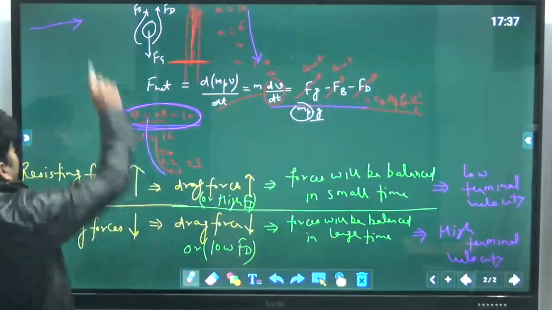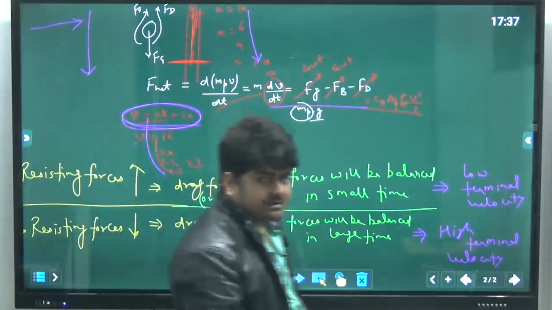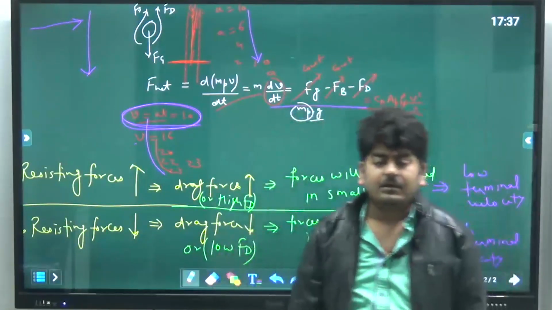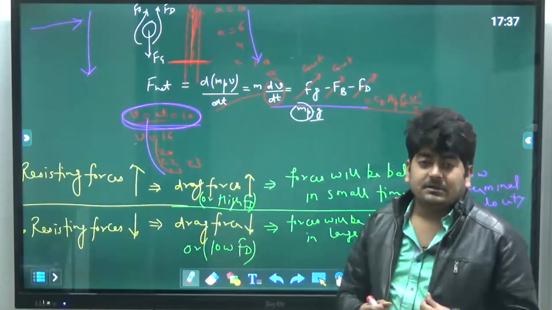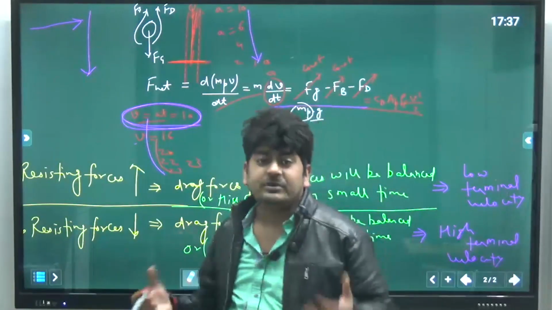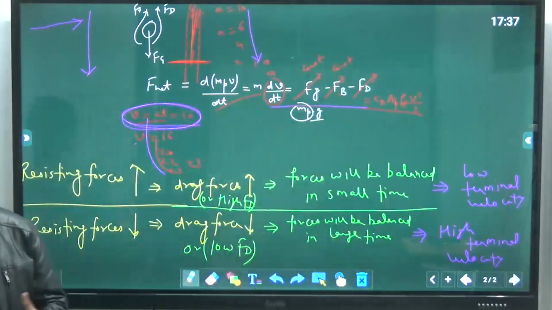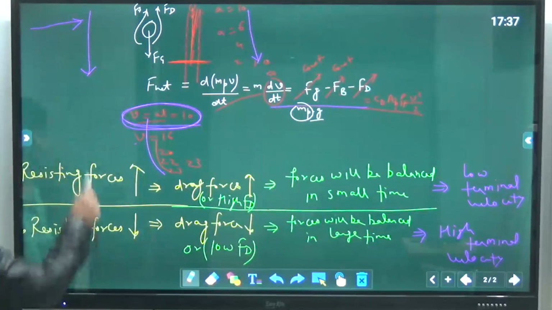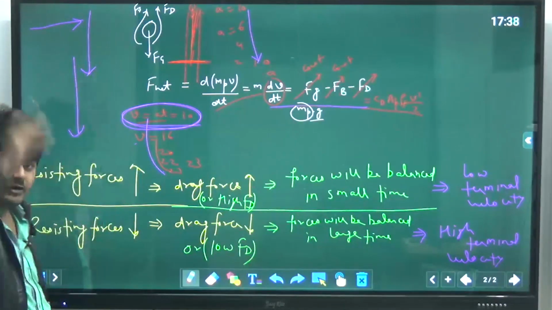And the person is falling, obviously, towards the surface of the earth, the ground. Suppose in the excitement, the person forgot to carry the parachute. When he does not have any parachute, he is falling like this.